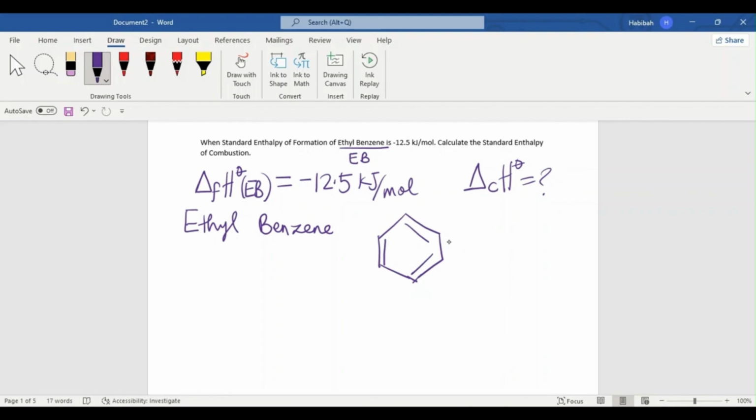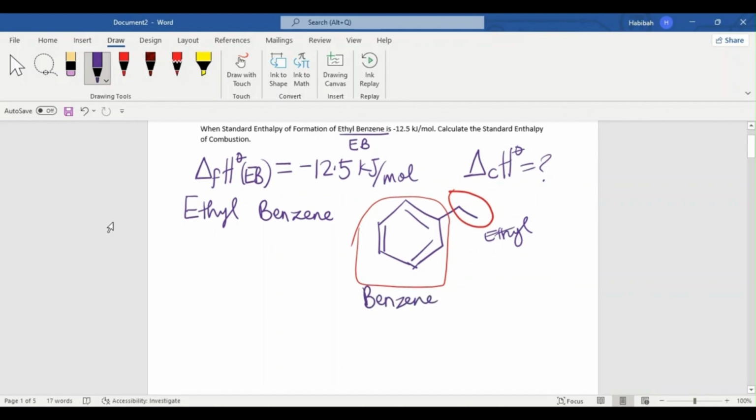If you're not given the molecular formula, you can draw out the structure to determine it. So this is ethylbenzene. You have the ethyl group right here, and then you have the benzene group right here.